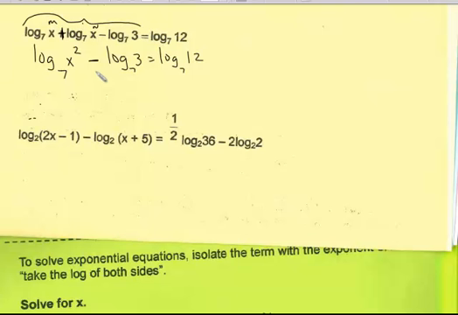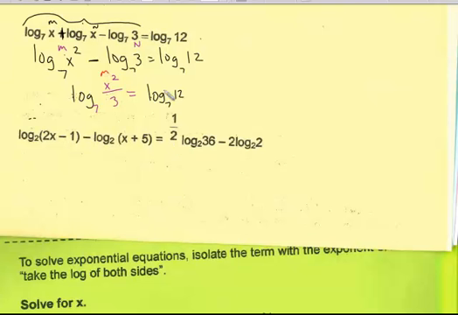I'm using the property that says when there's a minus sign in between, we can condense by dividing m and n. So this was m, and this is n. Log base 7 of x squared over 3 is equal to log base 7 of 12.